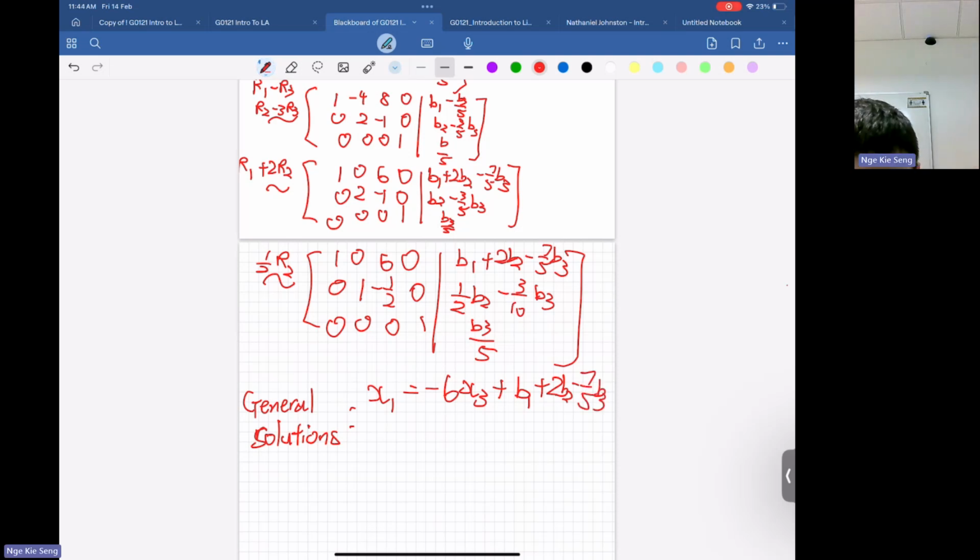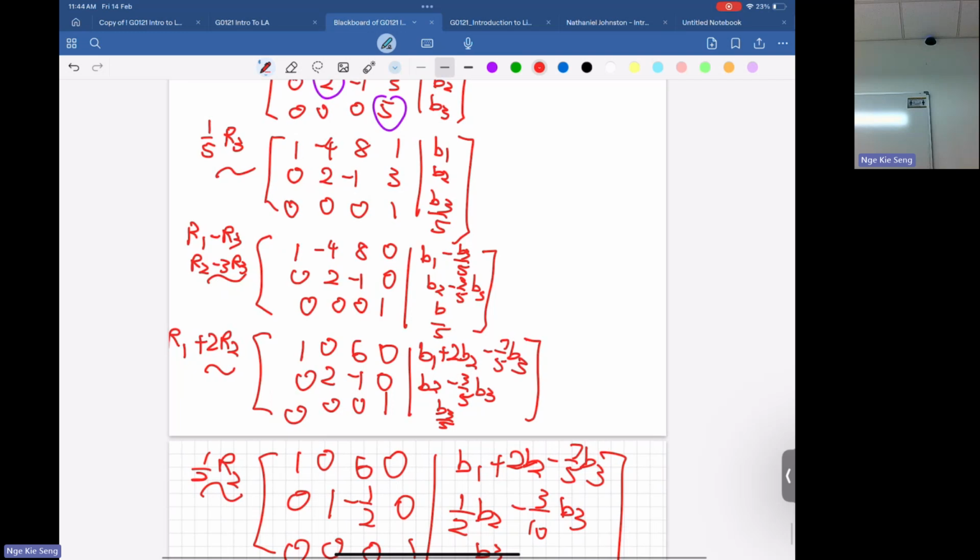Sorry, which one is 8/5? Let me see. Which step goes wrong? You mean this step? So R1 plus 2R2. So this got minus 1/5, right? This got minus 6/5, right?